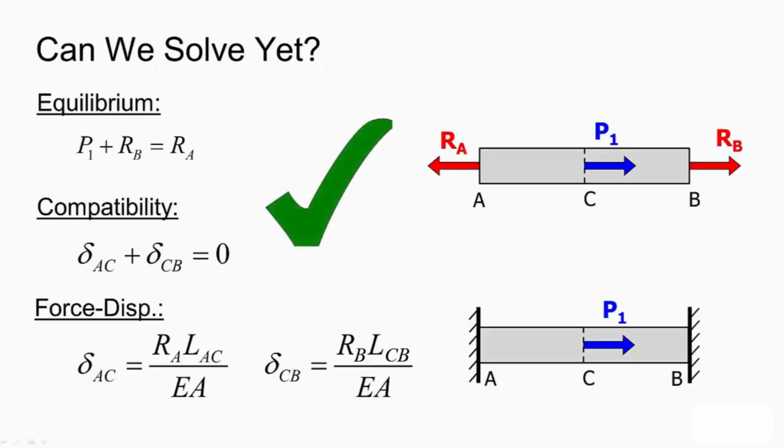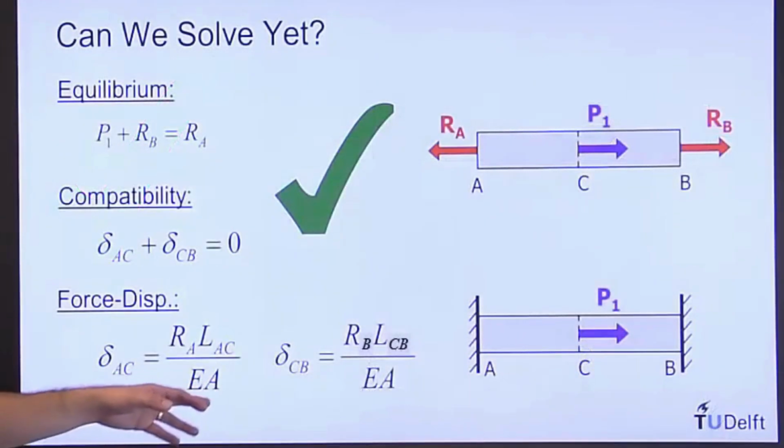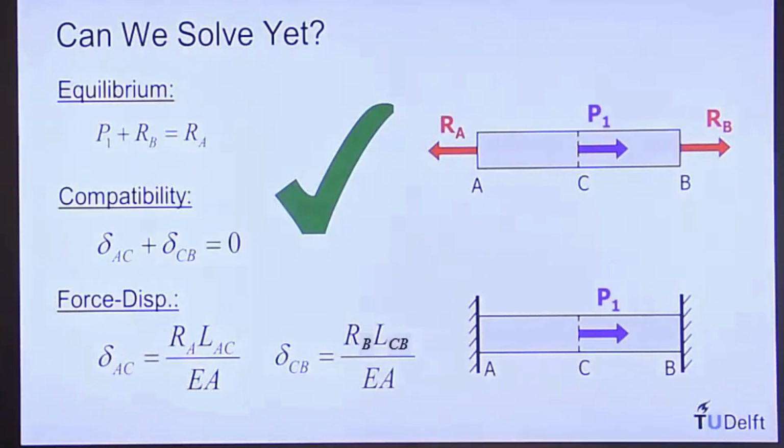So we get four unknowns, four equations. We can solve for the unknown reaction forces. And that's effectively what we need to do in a statically indeterminate problem. Look at how the stiffness and the geometry, the area, lengths influence the deformation, and that will determine what the unknown reaction forces are, those redundant reaction forces.